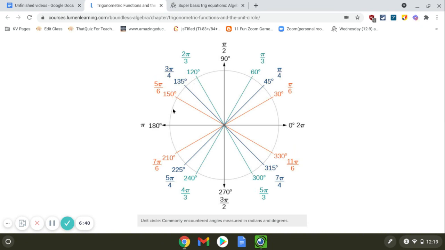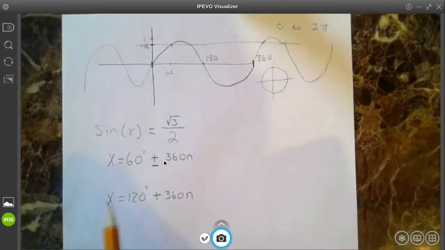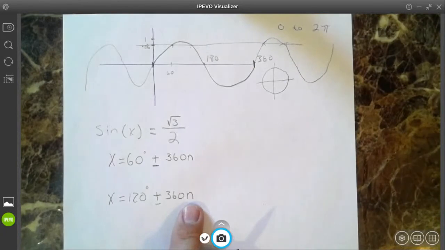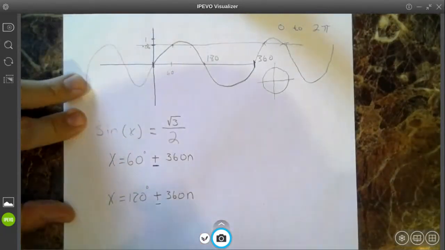And you can keep doing that over and over, and you still land in the same terminal spot. But it also works if you go clockwise, if you go minus 360. That's why when we get our answer right here, 60 and 120, we're going to add and subtract 360 from it over and over and over. And this represents all the solutions to this equation.